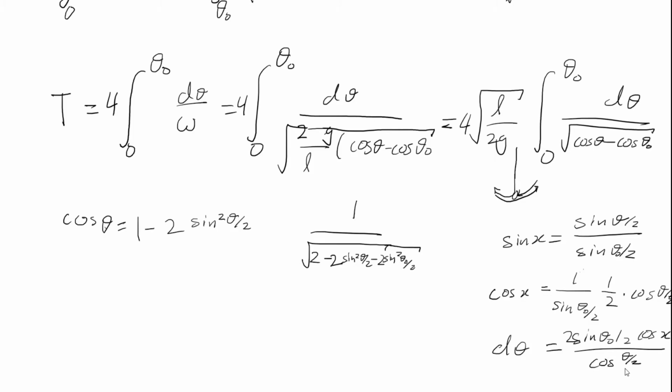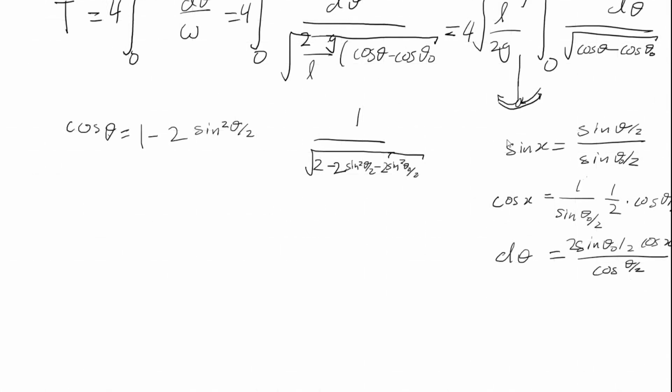This cosine theta over 2 is a bit annoying, but we can actually solve for it using these, right? So dx. And so now let's plug in everything we have, and we're just going to work with this integral here.